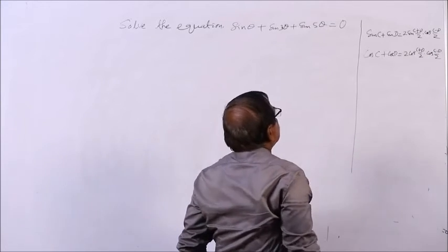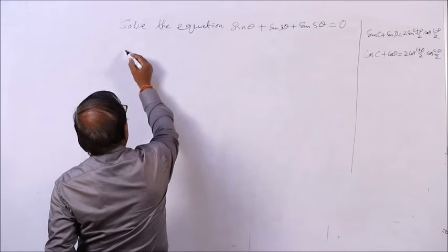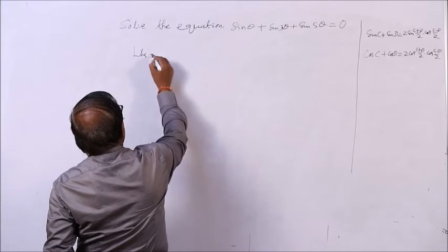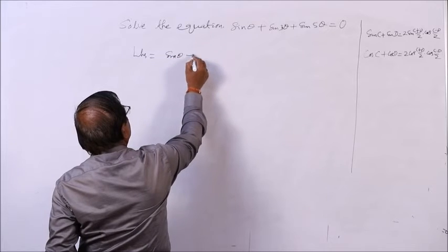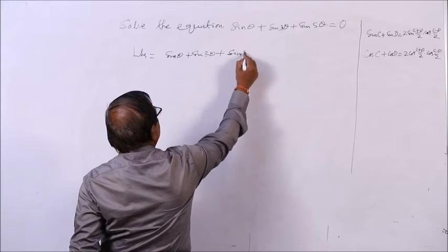Right, you see. LHS, let us take sin theta plus sin 3 theta plus sin 5 theta.